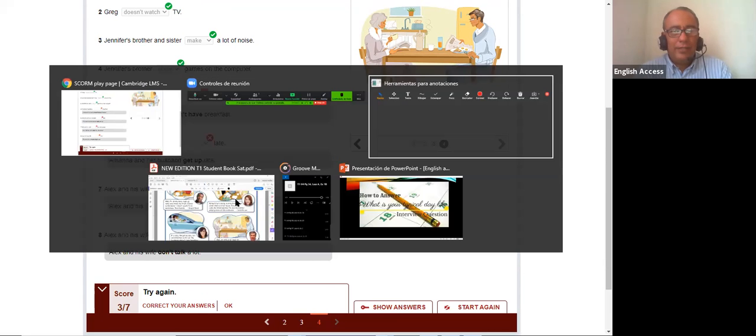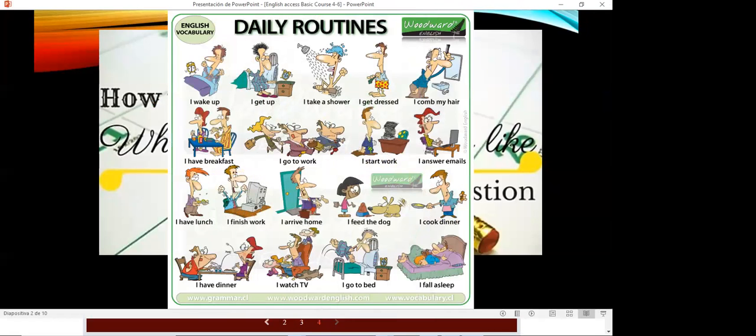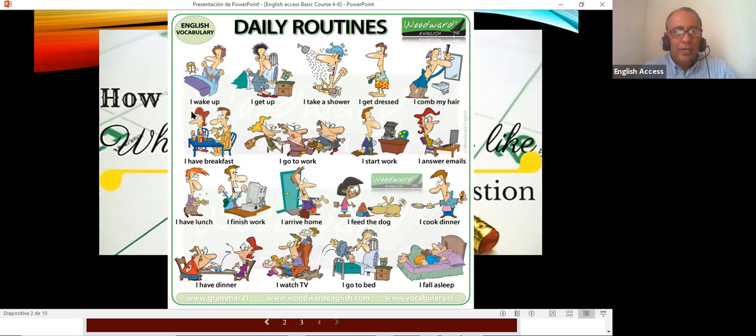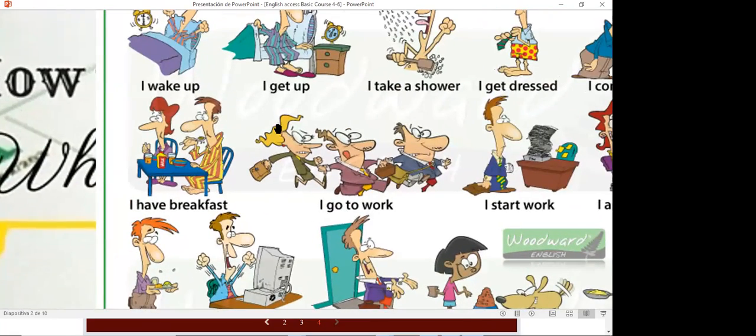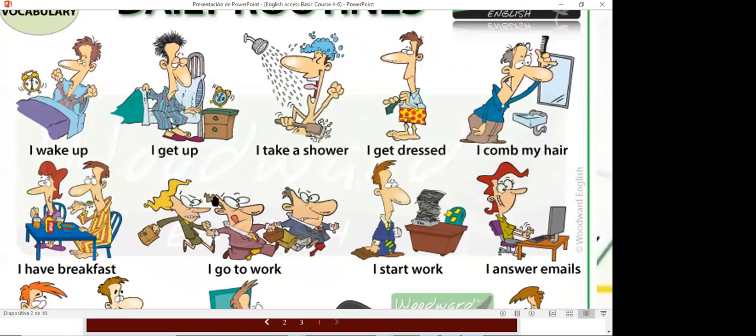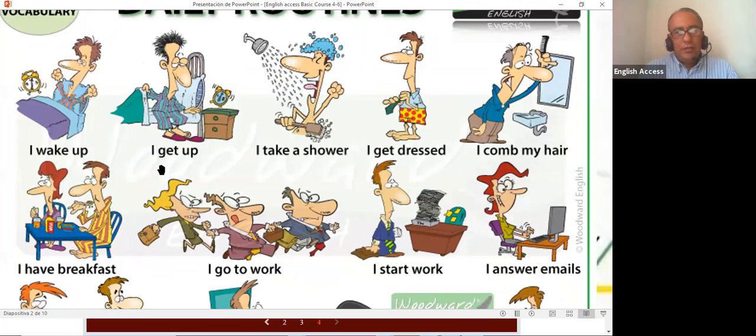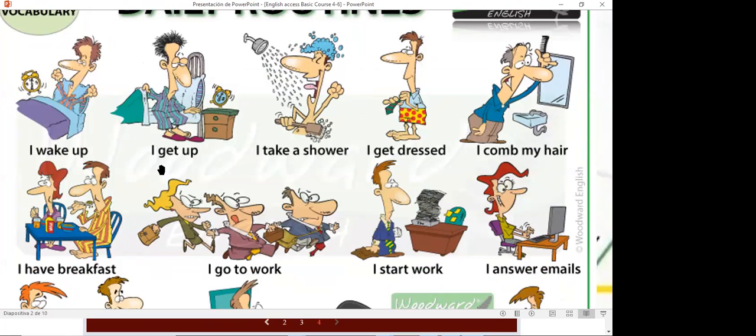Exacto. Solamente en afirmativos. Por ejemplo, I wake up. Aquí todas están con I. I wake up, I get up, I take a shower. Si fuera para él, ¿cómo sería? He wakes up. In get up, he or she gets up.